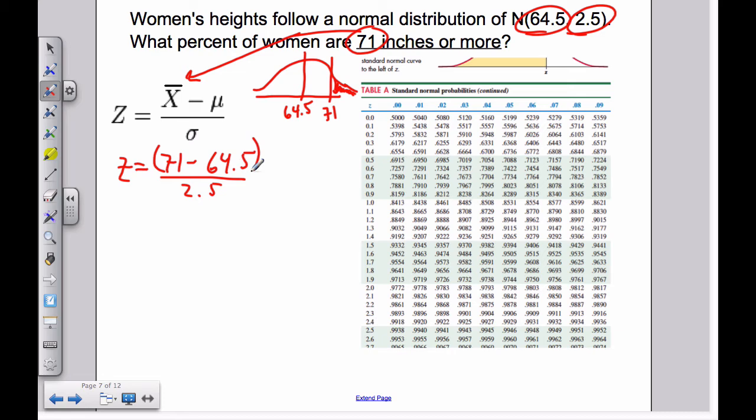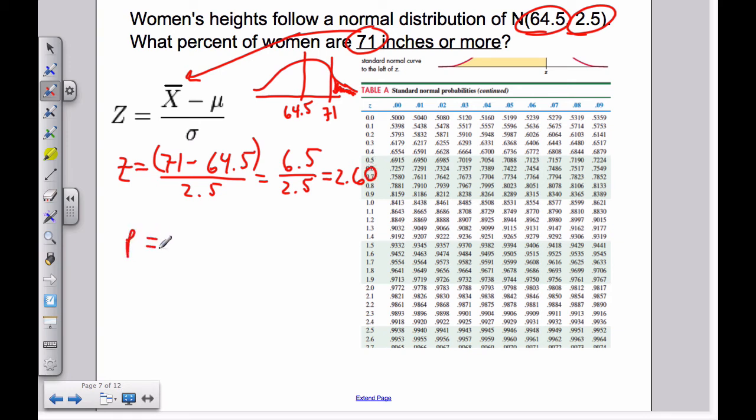Again, do the top in your calculator, and then divide it by the bottom. You get 6.5. Divide that by the 2.5, and you get a z-score of 2.6, or 2.60 in this case.